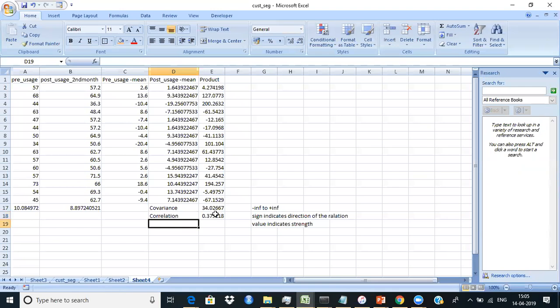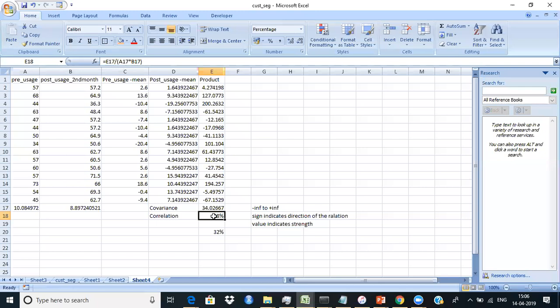So if I have 37.8 here and another pair of variables which have a correlation of 32%, I can tell that this correlation is higher than this. Make sense?